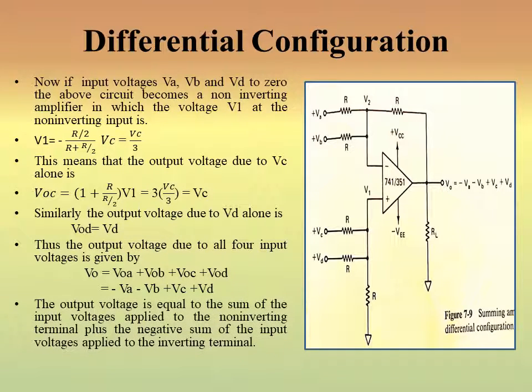Writing it in a better way, we can see that the output voltage is equal to the sum of input voltages applied to the non-inverting terminal plus the negative sum of the input voltages applied to the inverting terminal. So in this manner, this differential configuration acts like a summing amplifier.